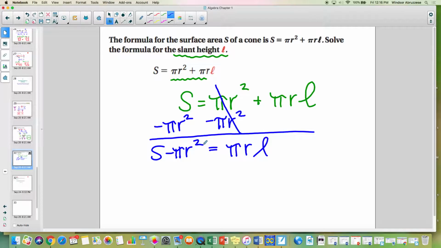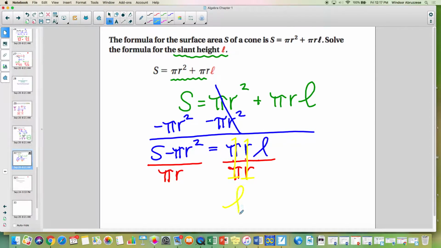Okay, again, don't stress out that you don't know what the S is, you don't know what the r is. We're just isolating to get that one variable by itself. Now, these three terms are all joined by multiplication. So you can divide separately, but let's do it in one step. Divide by pi r, divide by pi r, because pi divided by pi is 1, r divided by r is 1.